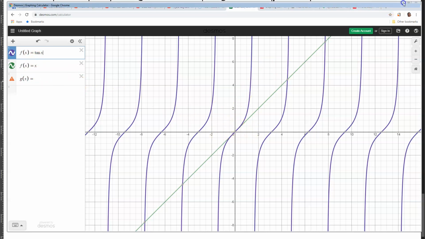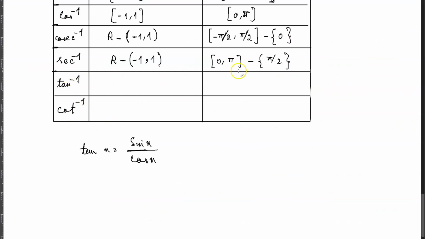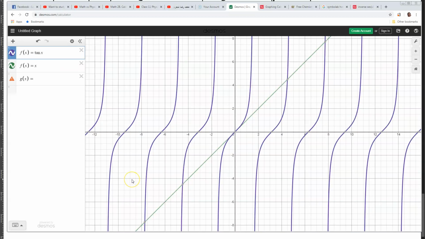So negative pi by 2 to pi by 2 becomes the range of this function.